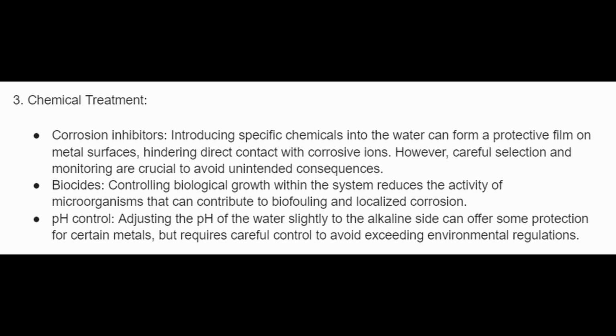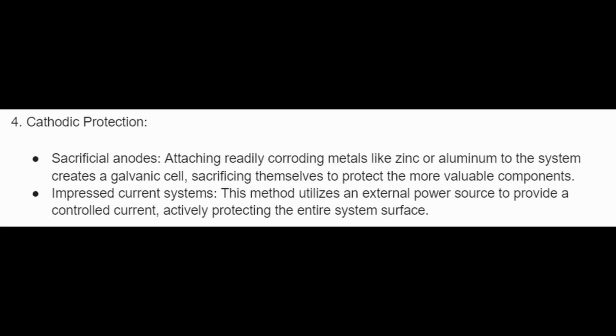Biocides: controlling biological growth within the system reduces the activity of microorganisms that can contribute to biofouling and localized corrosion. pH control: adjusting the pH of the water slightly to the alkaline side can offer some protection for certain metals, but requires careful control to avoid exceeding environmental regulations.